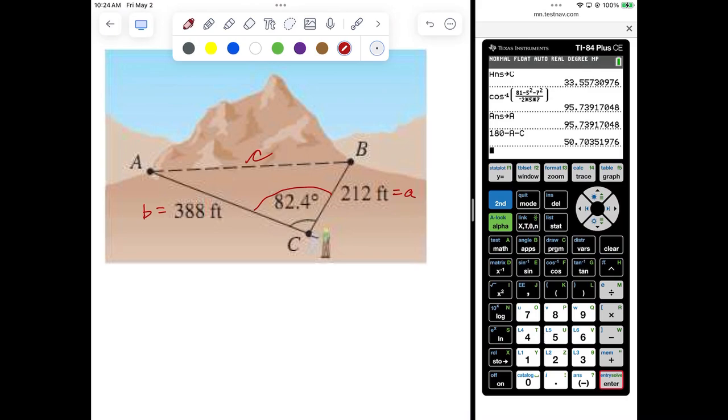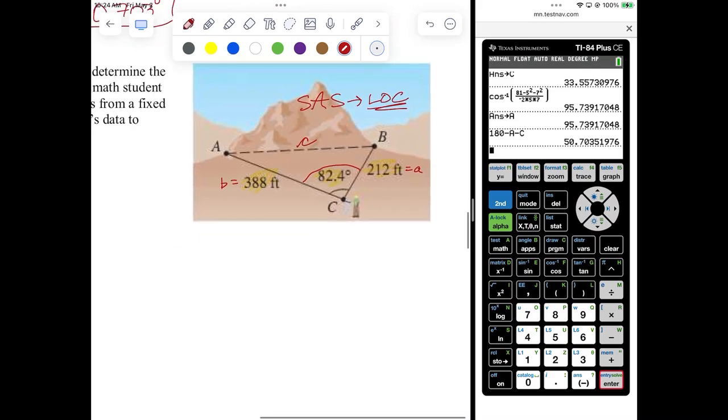We have side, angle, side, right? See that? It's the included angle, side, angle, side. Side, angle, side is always the law of cosines, LOC, law of cosines. And it's the plug and chug variety. It's the easy variety. So here we go.